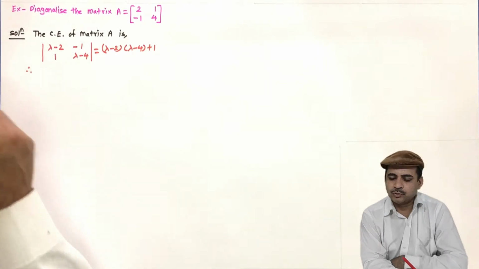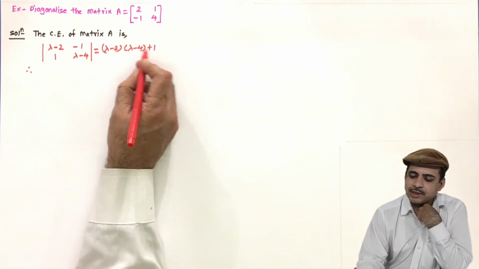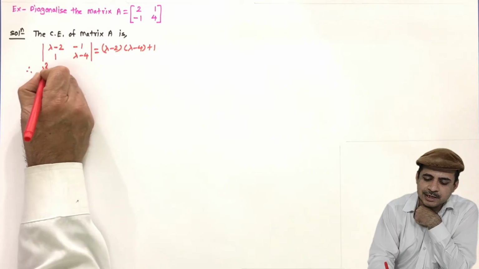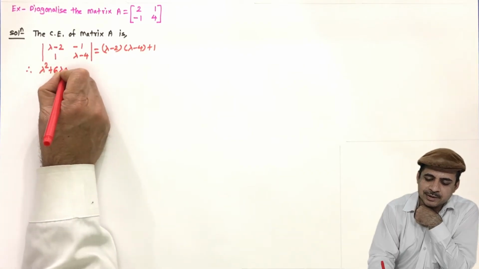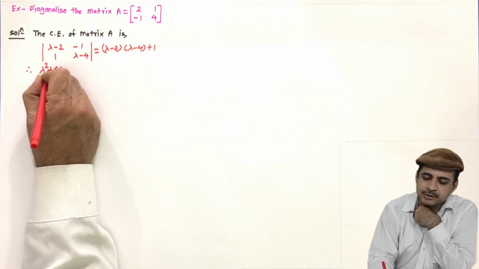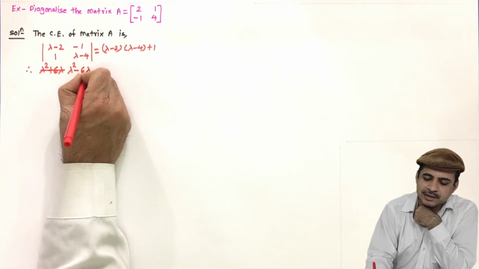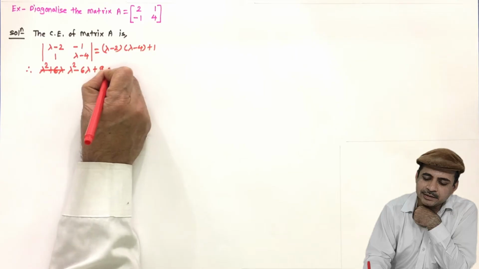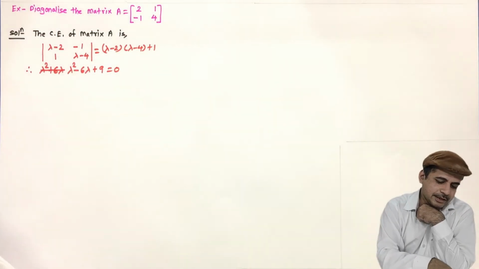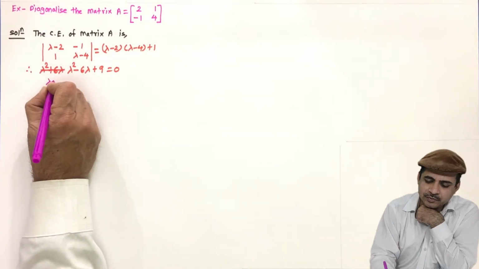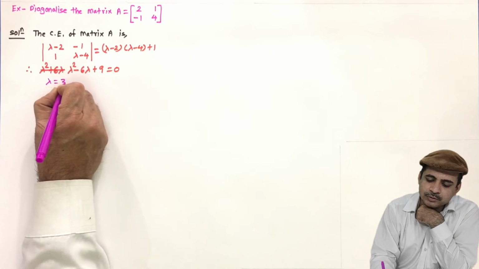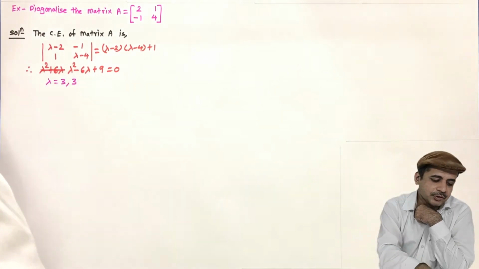So it is equal to lambda square minus 6 lambda plus 8 plus 1. So it's lambda square minus 6 lambda plus 9 is equal to 0, which gives me the eigenvalues lambda equal to 3, 3.